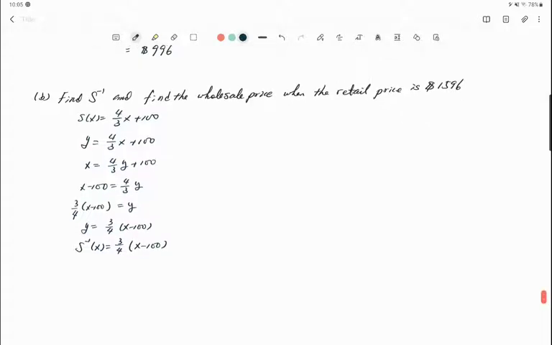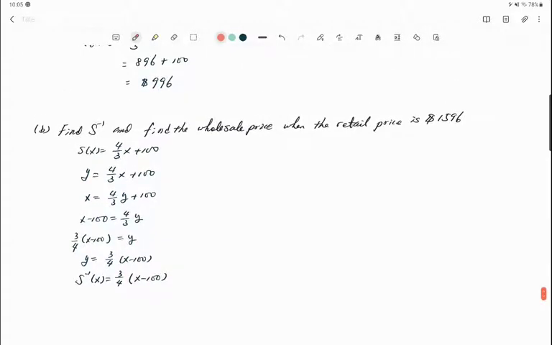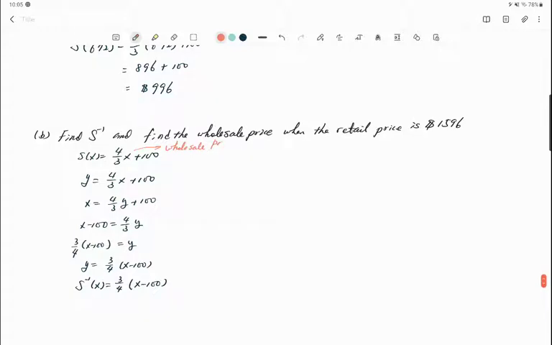Look at this. The inverse is always, the domain of the inverse is the range, and the range is the domain, right? So in this case, originally the input is the wholesale price. X is the wholesale price, and S is the retail price, right?